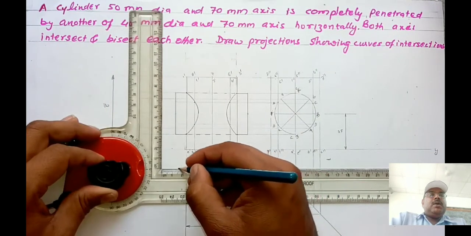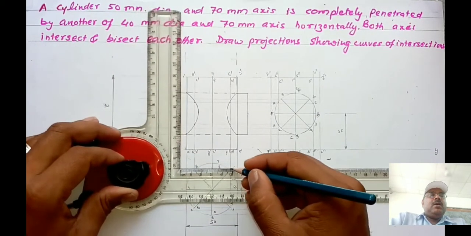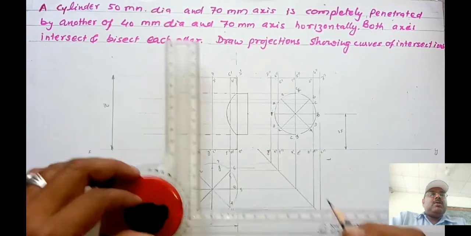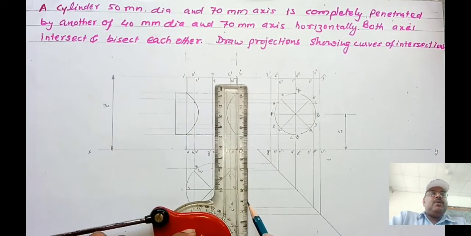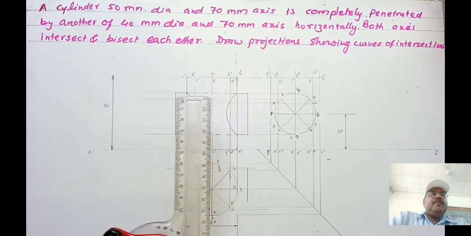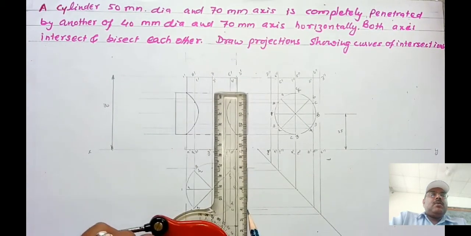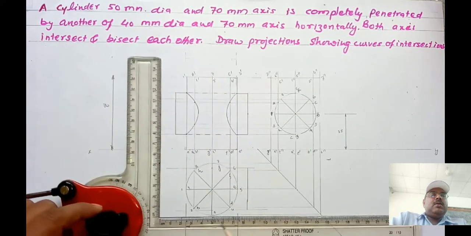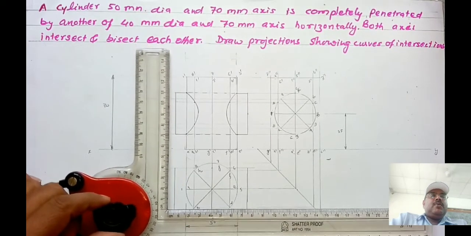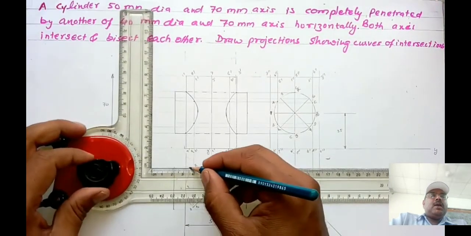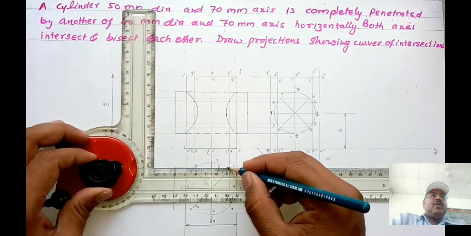We have taken 20 distance. Why? Because the diameter of the horizontal cylinder is 40 millimeter. So above 20 and below 20. Draw a rectangle as shown in the figure. In top view, we observe a rectangle of the horizontal cylinder.